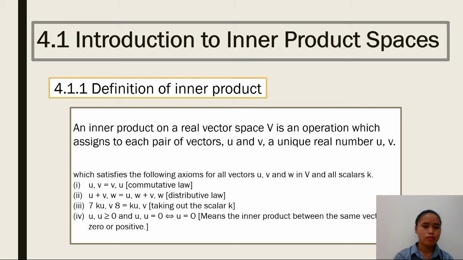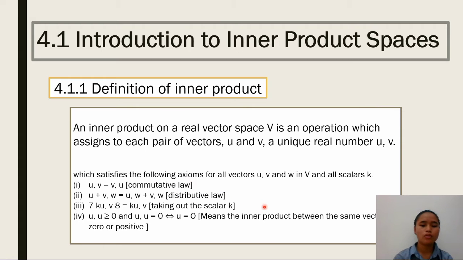So, the definition of an inner product. An inner product on a real vector space V is an operation which assigns to each pair of vectors u and v a unique real number, the inner product of u and v, which satisfies the following axioms for all vectors u, v, and w in V and all scalars k. First, the commutative law.